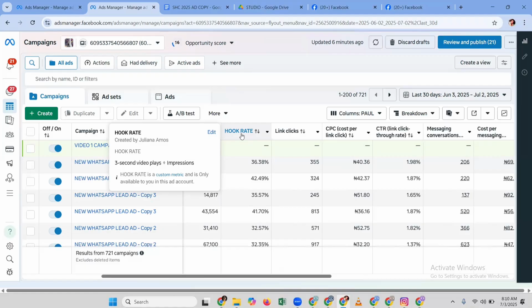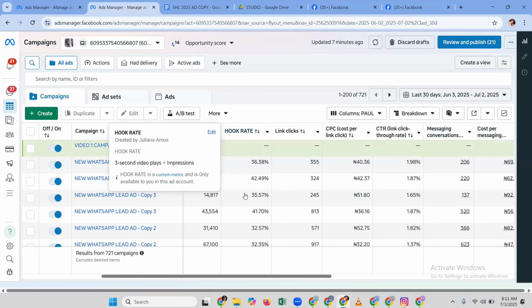Remember that when you're advertising on Facebook and Instagram, you are actually playing the attention grabbing game. People are scrolling, watching TikTok, watching Reels, watching skits. But if your adverts are able to grab their attention, that is the first job of your ad. And that is why I tell people, if you are running adverts, you should put 60% of your effort into what happens in the first 3 seconds of your video, because that is what is going to grab people's attention.